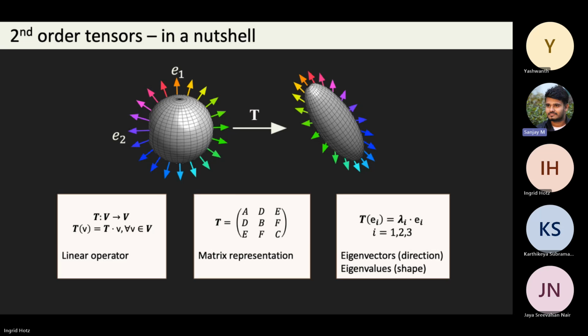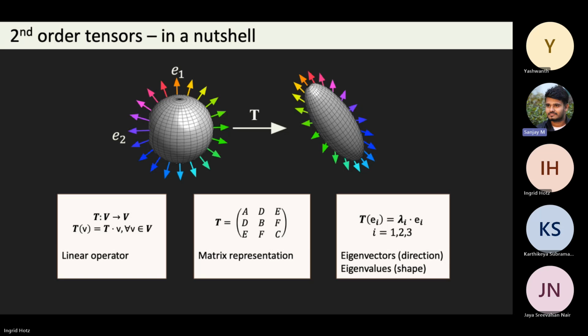If you do this for a lot of vectors spanning a unit sphere, you will in the end transform the unit sphere and get something like an ellipsoid. You can represent it as a 3x3 matrix with 6 independent components. And then, very important for many visualization methods, you can decompose the tensor and represent it as eigenvectors with eigenvalues.